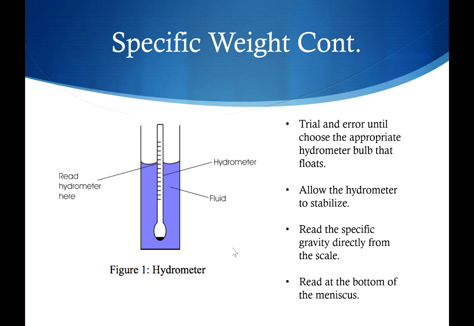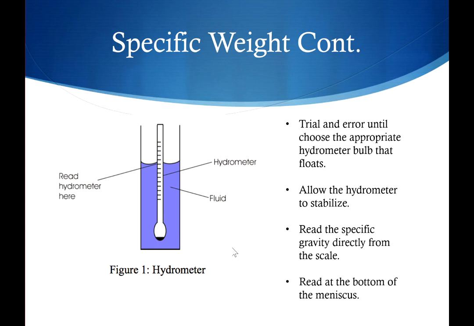We have different hydrometers with different specific gravities for different densities of the fluid. So if the density of a fluid is very high and then we want to test water, we will need two different hydrometers. We have to use trial and error until we choose the appropriate hydrometer bulb that floats.